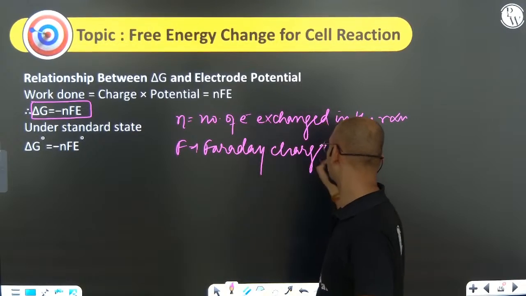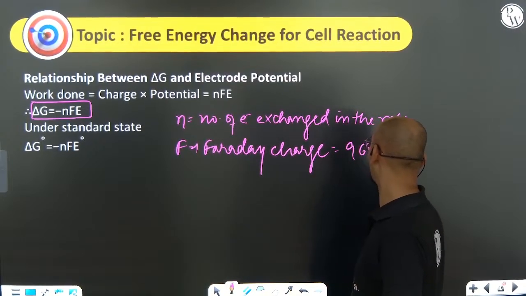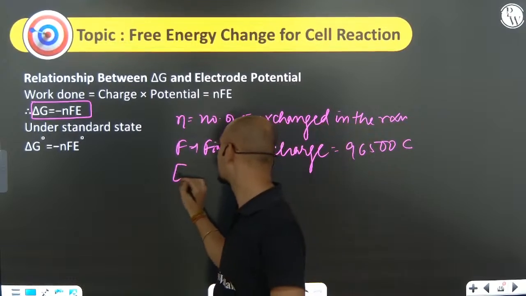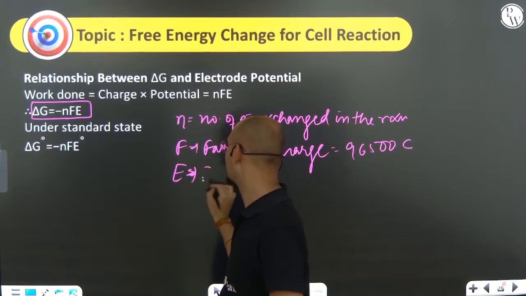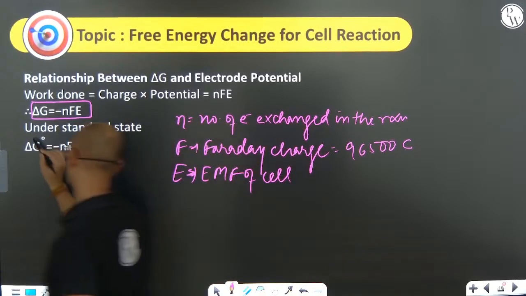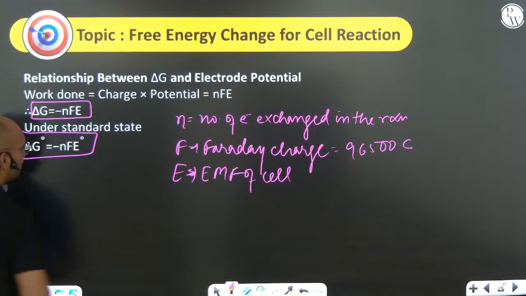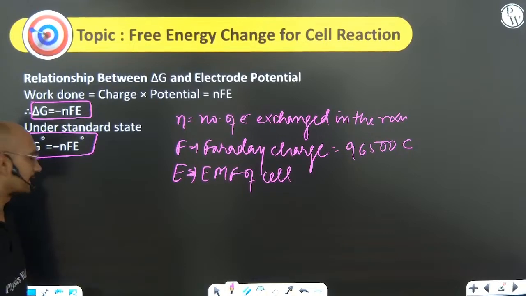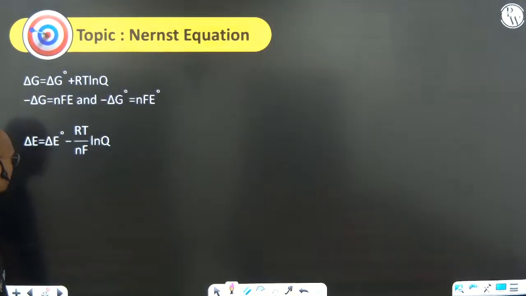Faraday charge is how much? 96,500 coulomb. While E is, I think everyone knows that, EMF of the cell. If you have taken the standard condition, then delta G naught will be minus nFE naught cell. I hope it is all very clear.